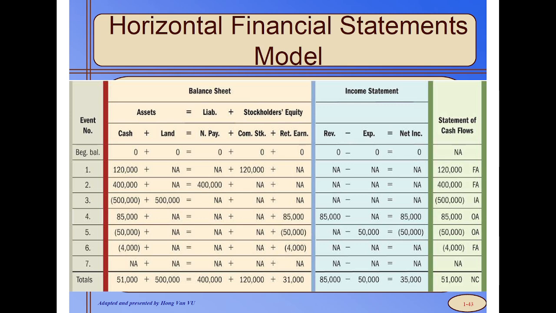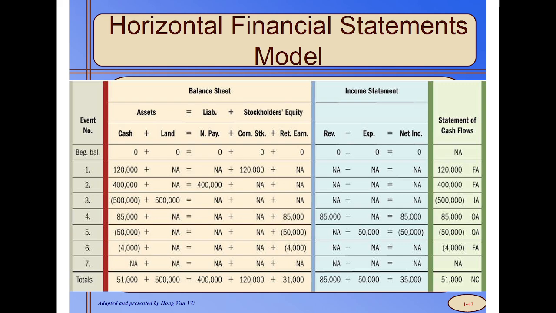This model would have columns for cash, land, note payable, common stock, and retained earnings. But it would also have columns for revenues, expenses, and the three categories of cash flow. For each transaction, we would see not only that the balance sheet stays in balance, but also how the income statement and statement of cash flows are affected.